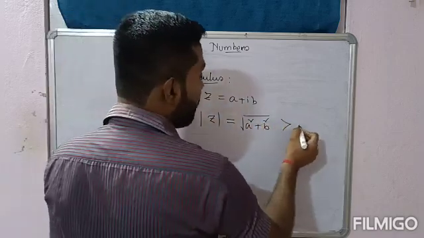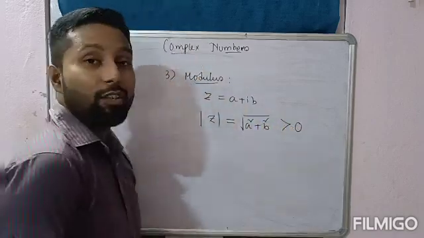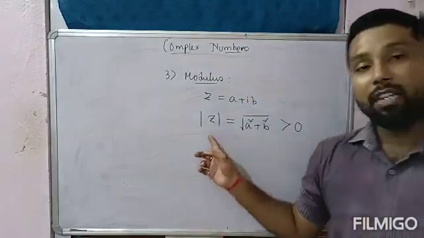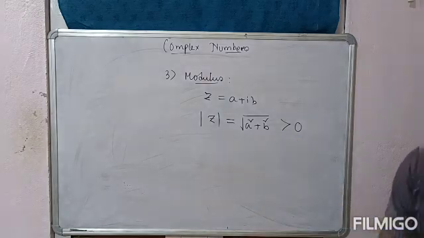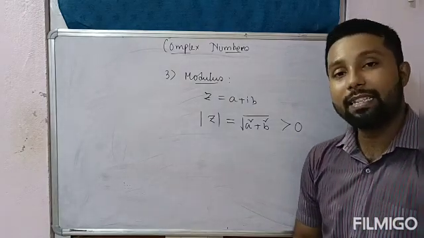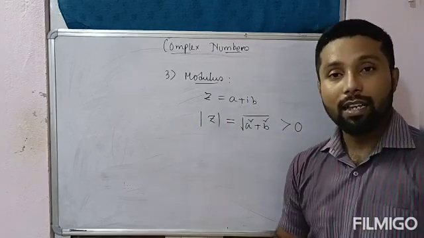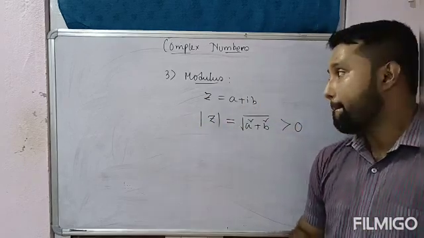This must always be greater than 0. Modulus cannot be negative, that is why the value of mod z must always be greater than 0. When we discuss numericals, at that time you can check that the values we are getting are always positive, okay.